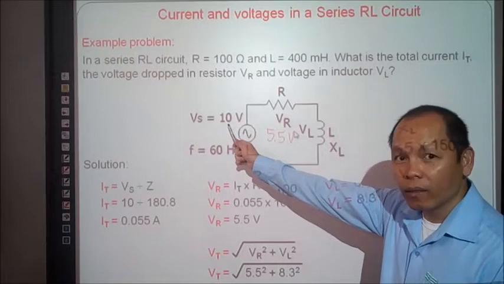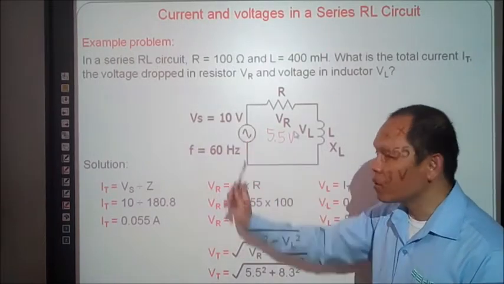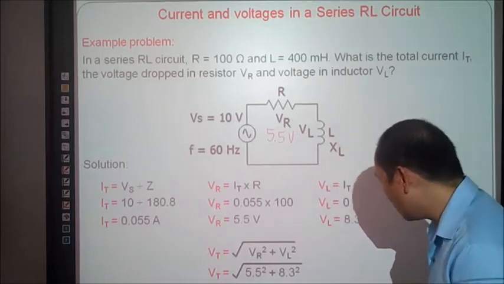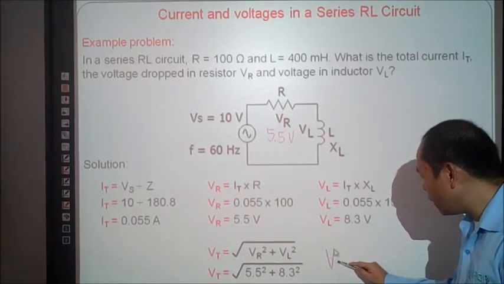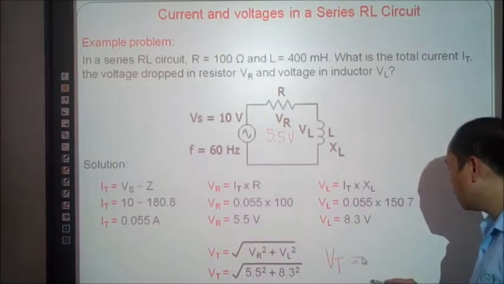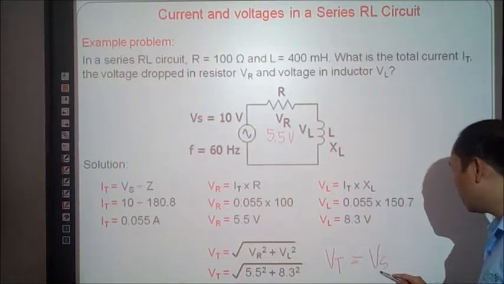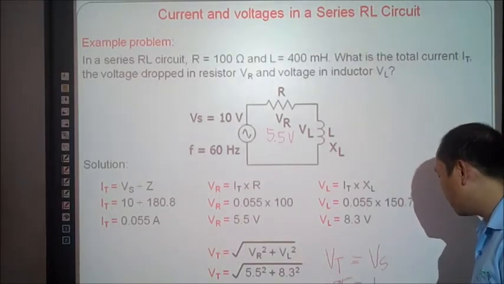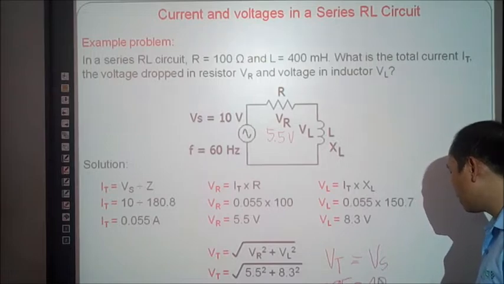See, which is equal to the source voltage. Your total voltage should be equal to the source voltage. So this is 9.95, which is equal to 10 volts.